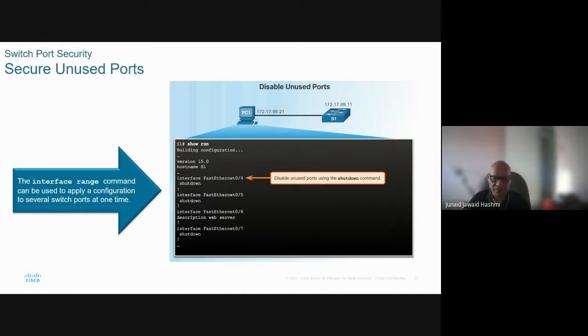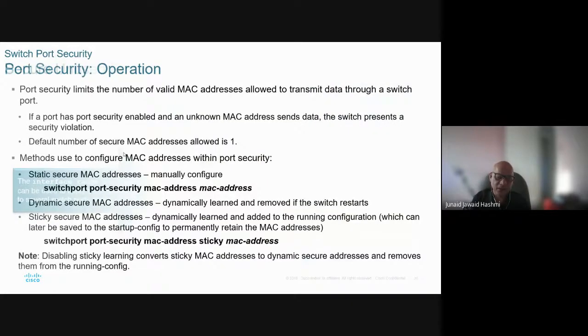Use the command interface range, specify the ports, and just type shutdown. This way, nobody can come and attach their device to any of the ports and gain access to the network.